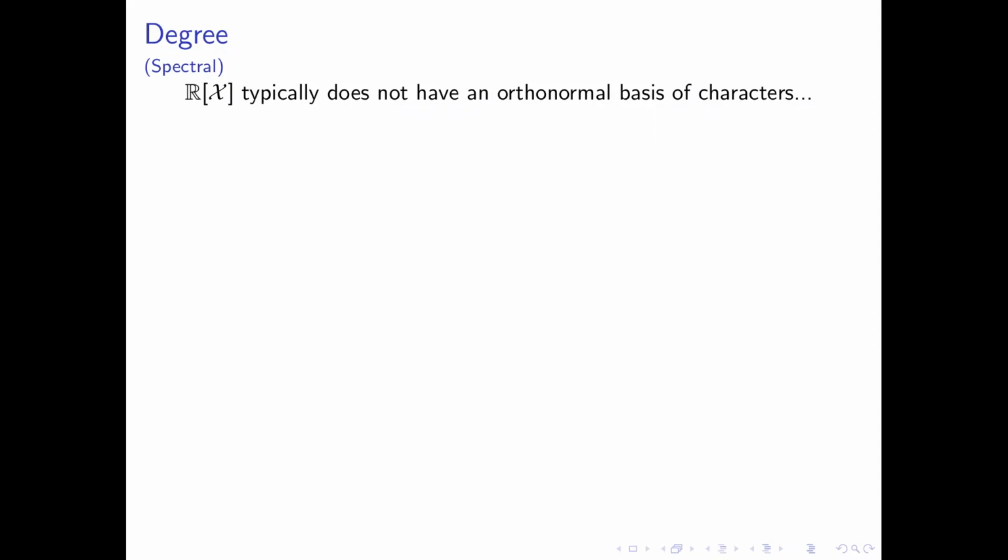That was very peculiar to abelian groups, in particular the hypercube. But one thing it does have is a decomposition into irreducible representations. In abelian groups, the characters are the irreducible representations, so here we're generalizing the notion of a character to irreducible representations.